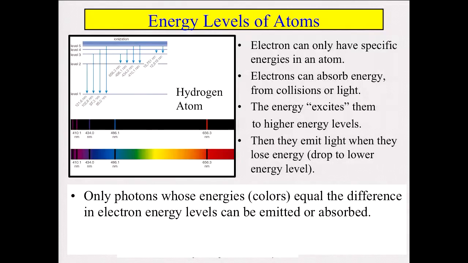So only those photons whose energies equal the difference in electron energy levels can be emitted or absorbed. The electron can move from one energy level to the next. It can absorb a certain photon of a certain energy, popping it up to the next energy level that's a certain delta energy away. And then when the electron drops back down, it spits off a photon of the same energy, equal to that energy difference.